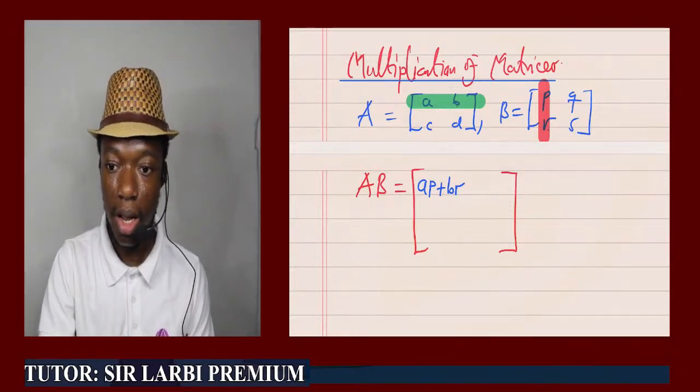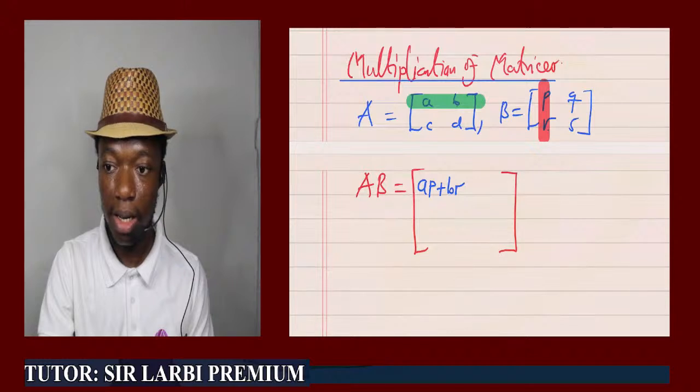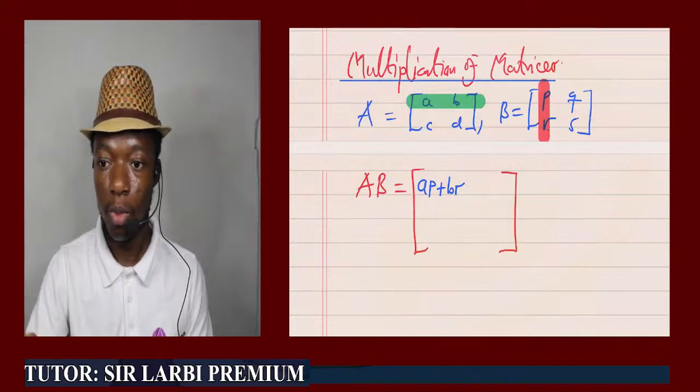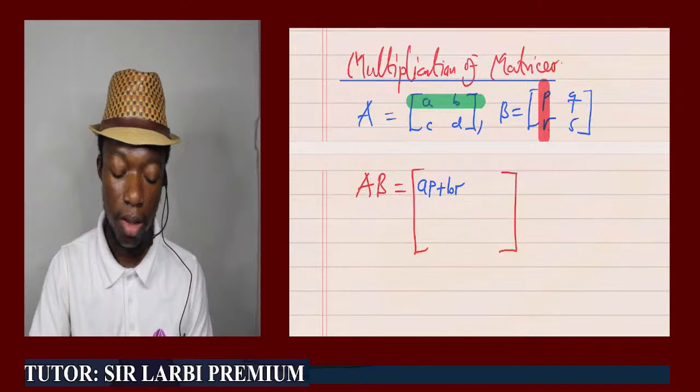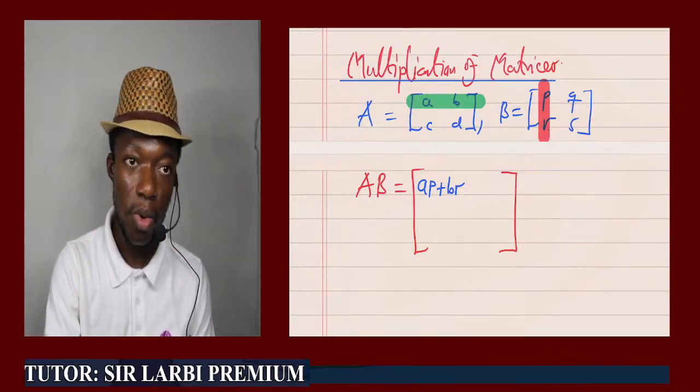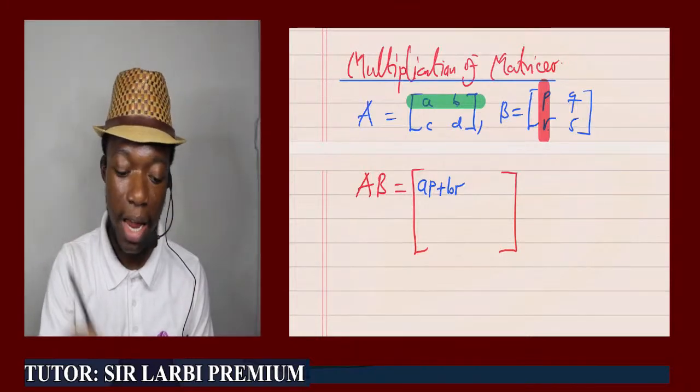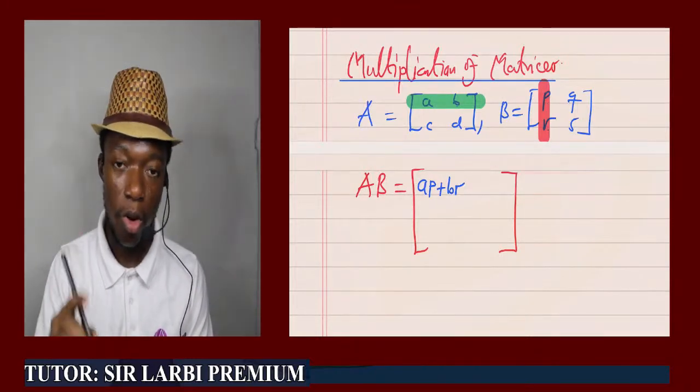Let me take it again. We will take the first row of the first matrix to multiply the first column of the second matrix. That is how it's supposed to work. So we have the first row of the first matrix to multiply the first column of the second matrix.